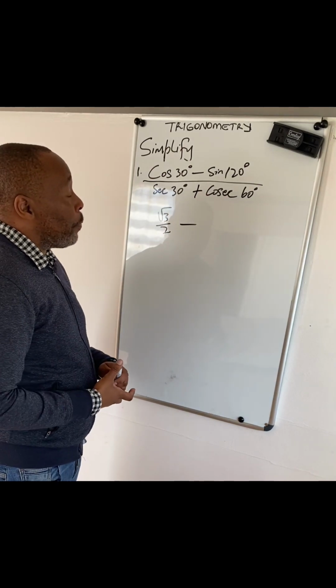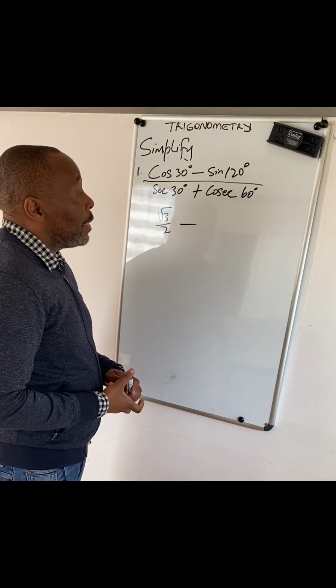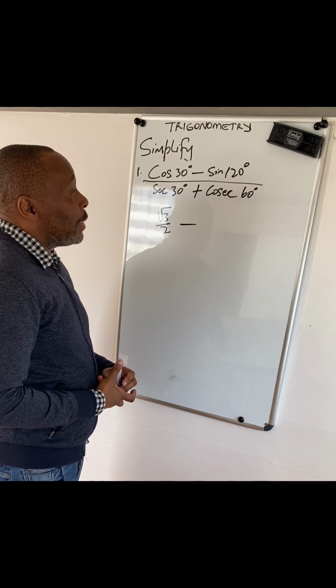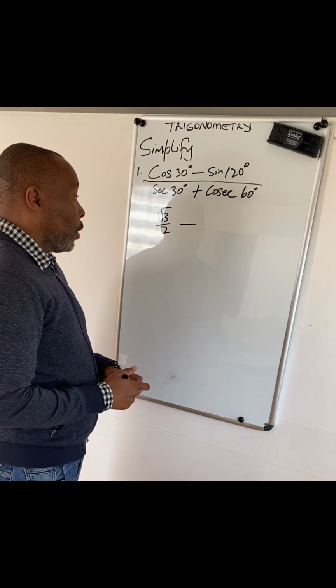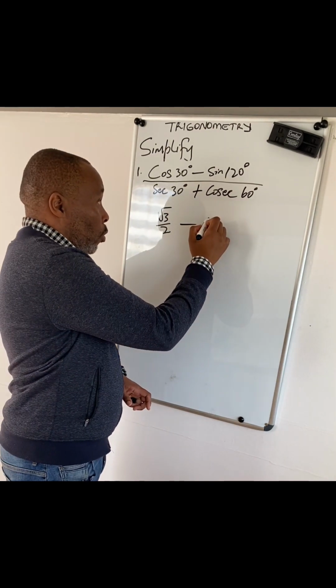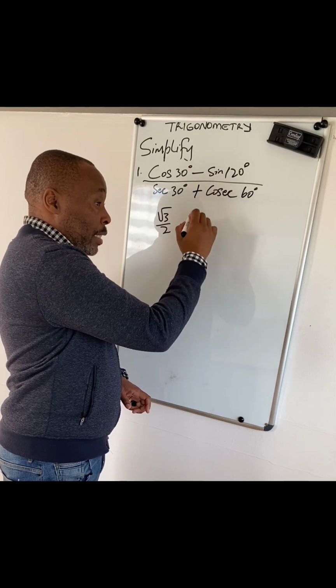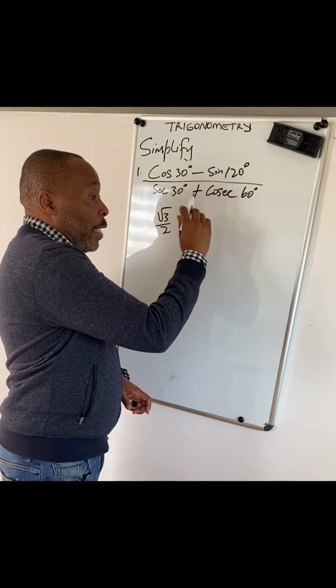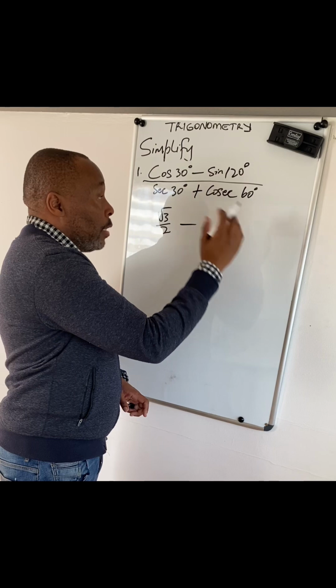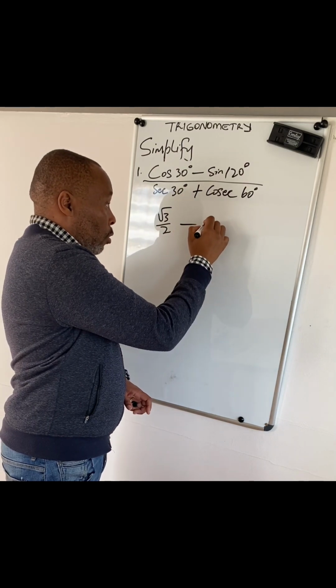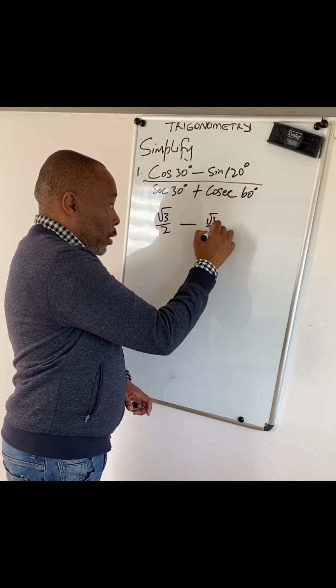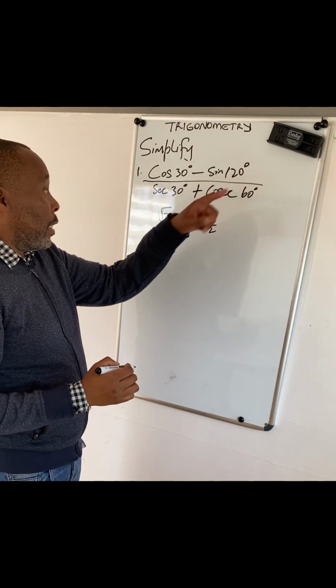So in the first quadrant, sine 120 is root 3 over 2, because the cos of 60 is half and the sine of 60 is root 3 over 2. Here it's root 3 over 2.